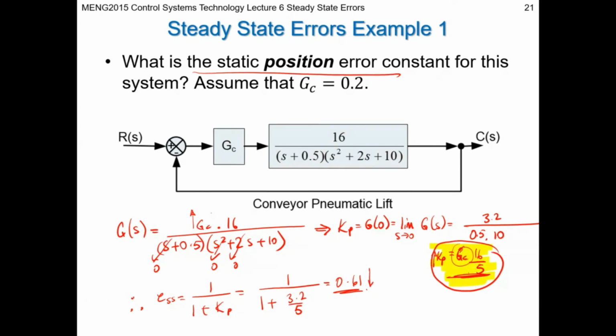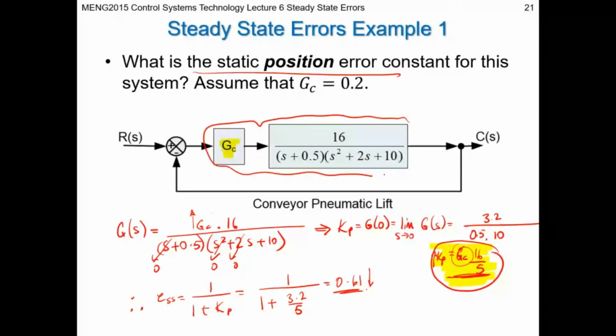So it's proportional to our controller gain Gc, but it's not purely the controller gain, it's actually the loop gain. So you have to take into account implicit gains which exist in your plant and in your controller as well. So you have to take the overall gain, or what's called loop gain, into account when we're talking about K.